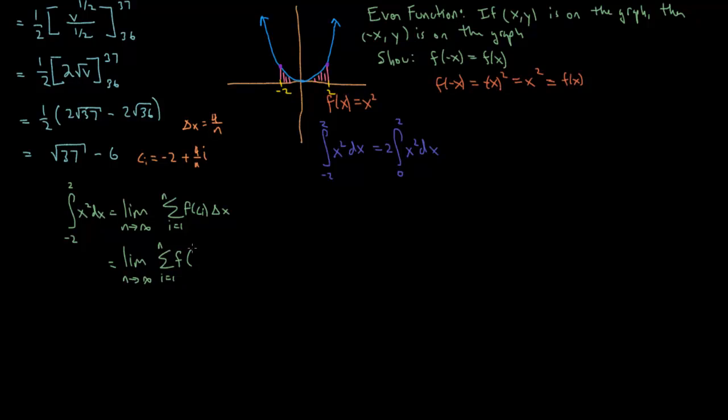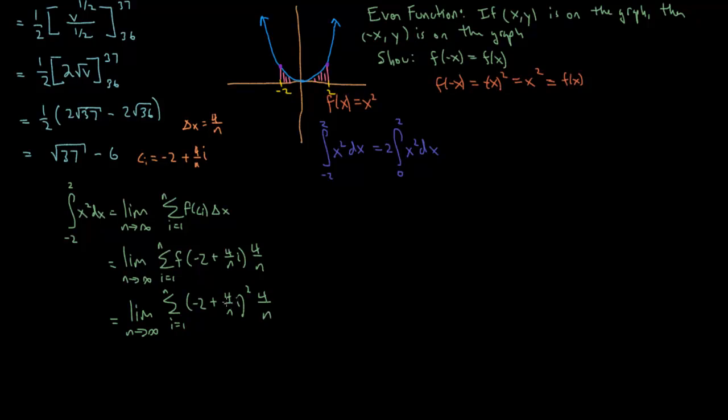So we have negative 2 plus 4 over n times i. That's f of c sub i times delta x, which is 4 over n. Now, is that terrible to do? Well, what is f of c sub i? It's a limit. We have the limit as n goes to infinity of the sum i equals 1 to n of that squared. Now, is that impossible to do?